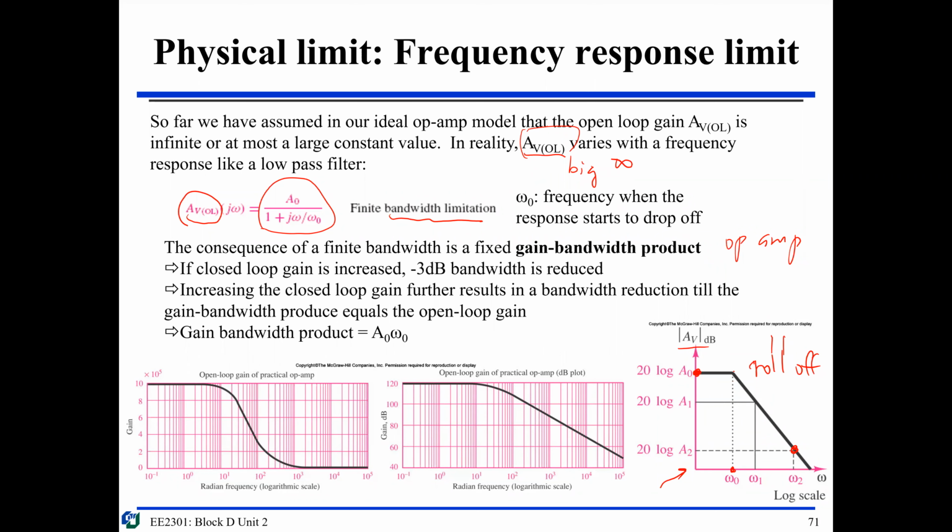This is the first roll-off cutoff frequency. So don't say you haven't learned this term. It's called gain bandwidth product, okay? It's A0 omega 0. So omega 0 is here.